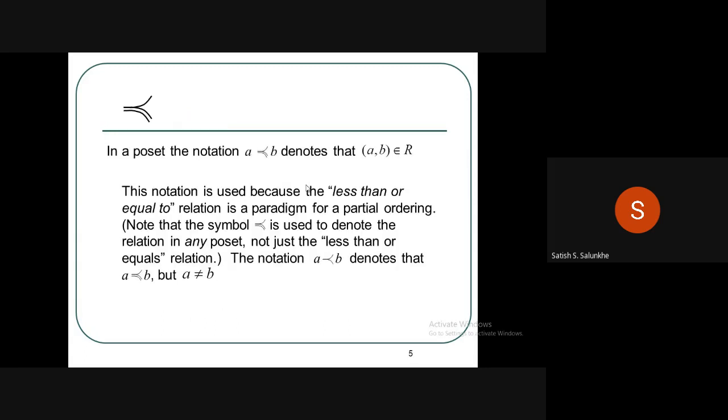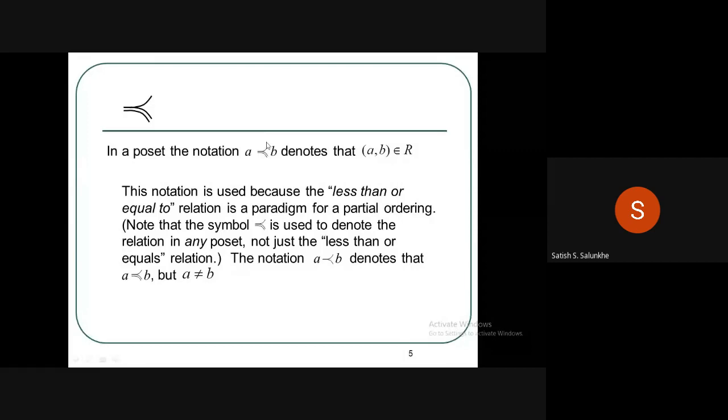So how do we denote a partial order relation? In a poset, the notation for the partial order relation is something like the less than or equal to symbol. A precedes or equals B means A is related to B, but partially, by the partial order relation. So we denote this by a special symbol.